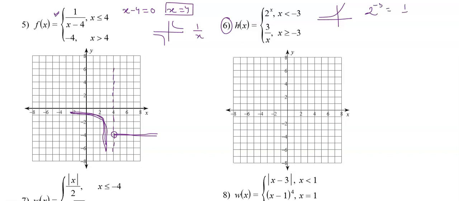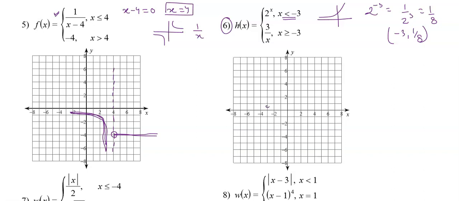So basically the point is (negative 3, 1 over 8), and this point would be a hollow one. Why? Because x does not touch minus 3. Anyway, let's mark the point (negative 3, 1 over 8). So this is a point, somewhere, hollow.